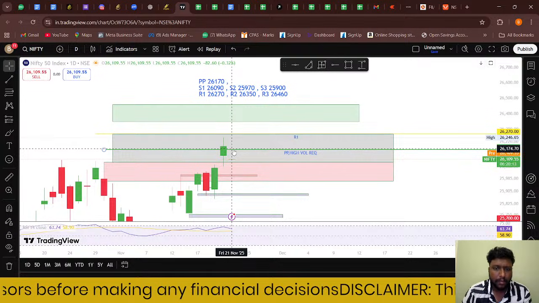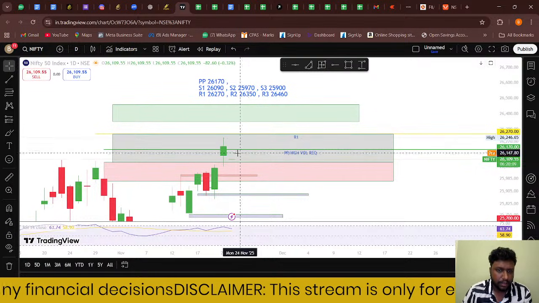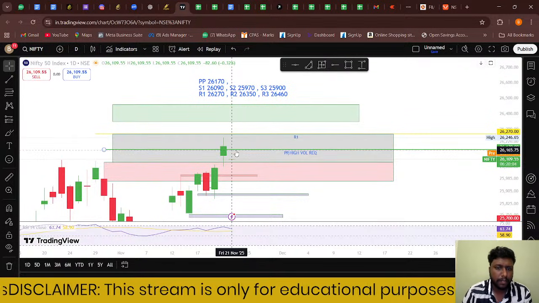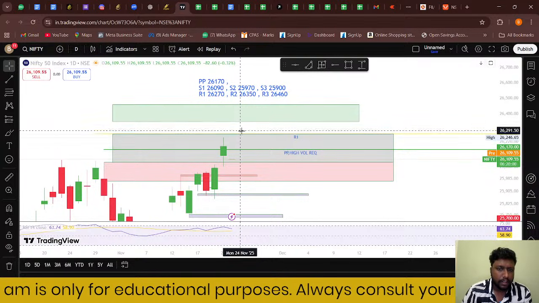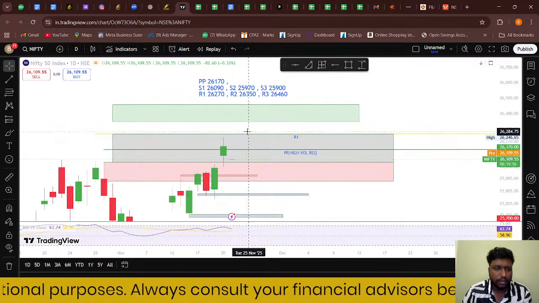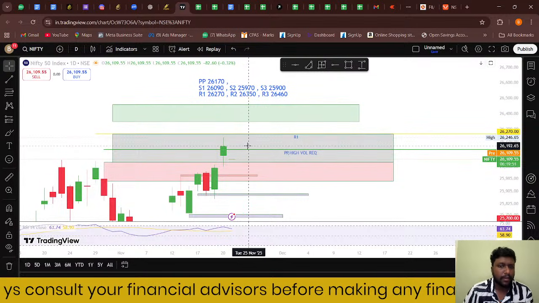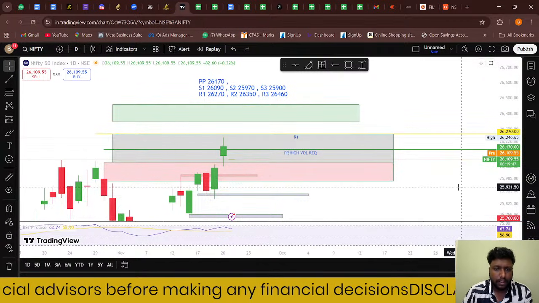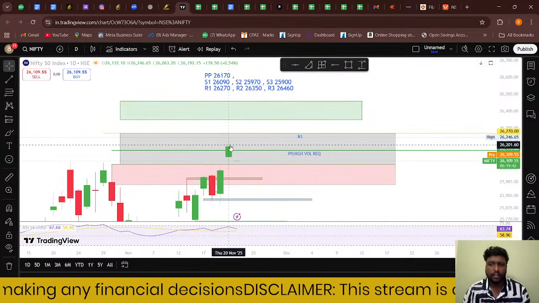If it is sustaining above this level, then we can definitely go for a bullish view, up to R1. If somebody wants to hold it till the R2 and R3 levels, they can trail their stop loss to this R1 level, or partial booking will be necessary here.